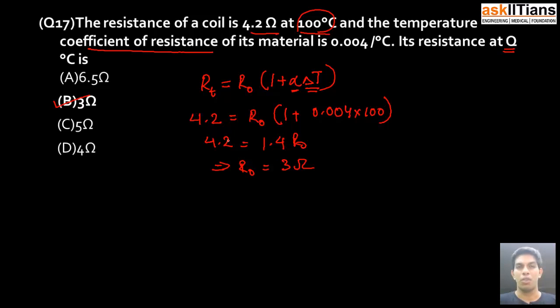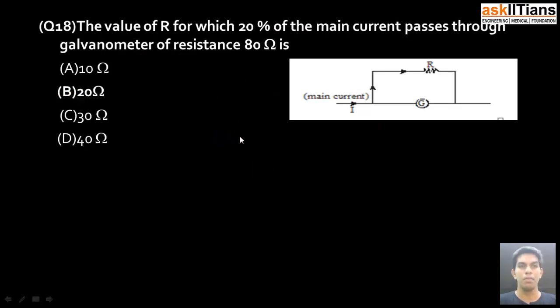So moving on to the 18th question. It says find the value of R for which 20% of the main current passes through the galvanometer of resistance 80 ohm. So this is given to be 80 ohm. 20% of the current, that is 0.2 I, goes through this branch and 0.8 I goes through this branch.